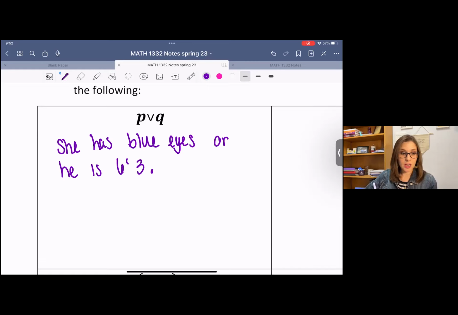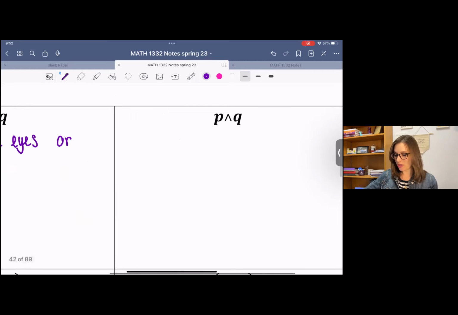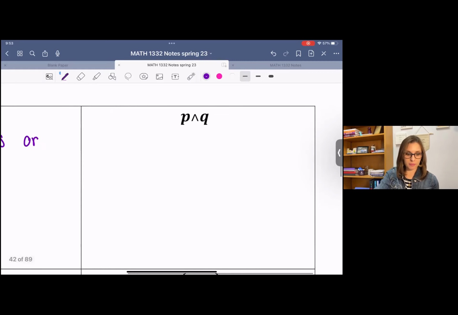Since it's or, this is a disjunction. I want y'all to try this one. Pause it, try it, come back.